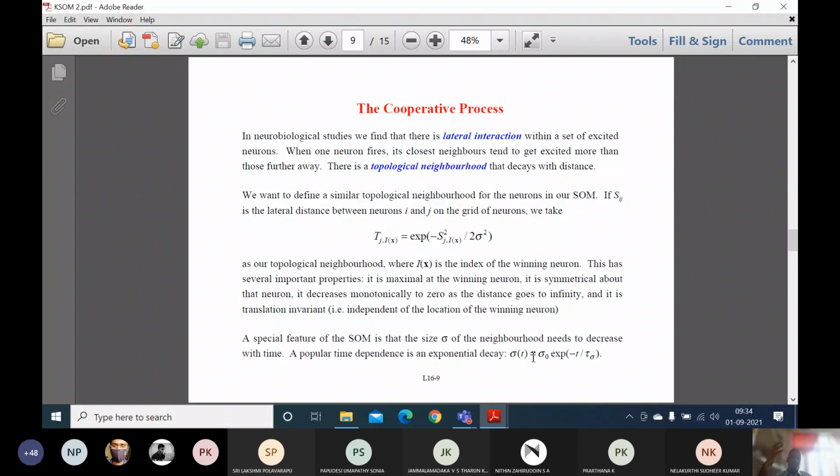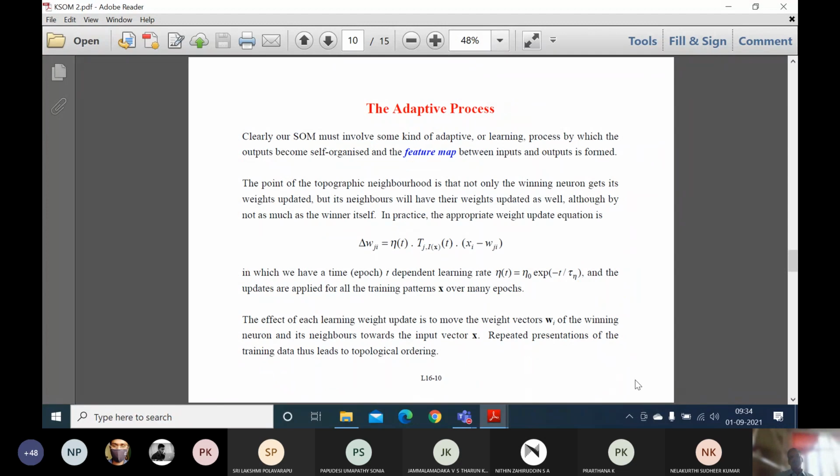So the neighborhood size sigma has to be concentrated during the competitive process. The popular time dependence, an exponential decay, is given by this formula: sigma of t equal to sigma naught into exponential of minus t divided by eta.